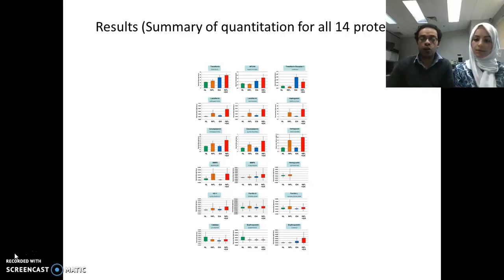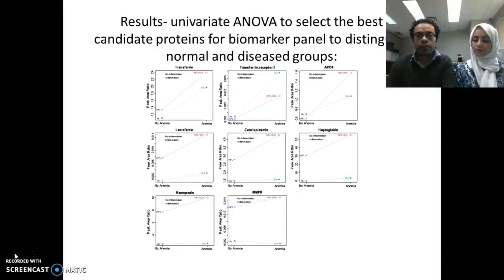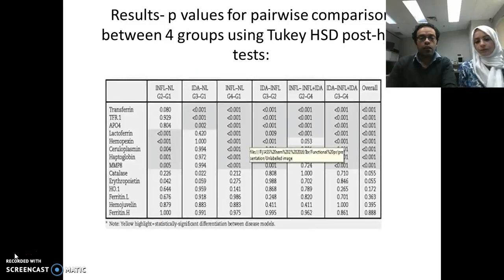metabolic disorder. The next slide is univariate ANOVA to select the best candidate proteins for the biomarker panel to distinguish between normal and disease groups. This slide shows the p-value for pairwise comparison between the 4 groups using the Tukey HSD post hoc test.